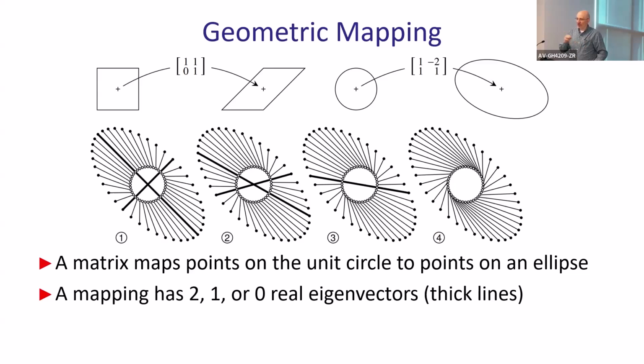If you're thinking about each point on a square as a particular vector in space, or each point on a circle as a particular vector, then each point is mapped by multiplying by matrix A. So here is a visualization of how eigenvalues might appear. Let's say a square by a particular matrix might be mapped into that kind of parallelogram, all right? And a circle will always be mapped into some sort of ellipsoid.